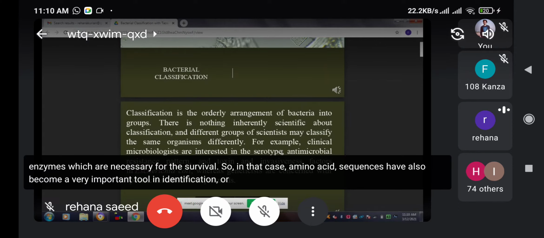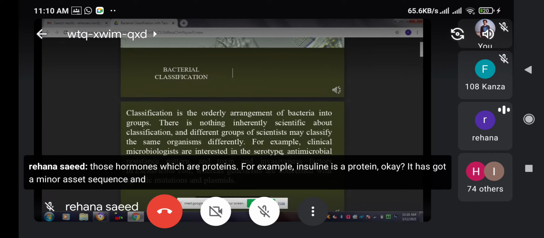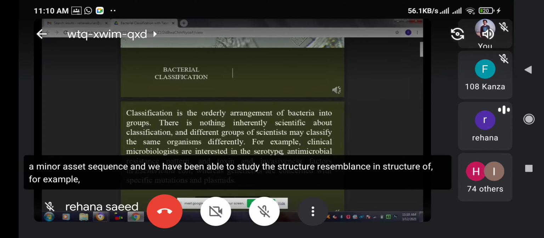We have been able to study the sequences of enzymes or hormones, especially those hormones which are proteins. For example, insulin is a protein, it has an amino acid sequence, and we have been able to study the resemblance in structure of, for example, human insulin and beef insulin. So it has helped us a lot.